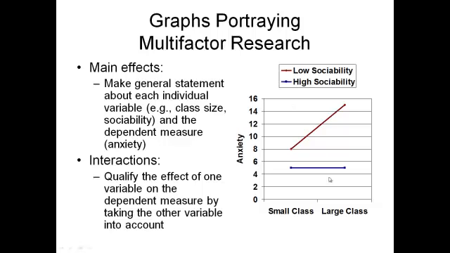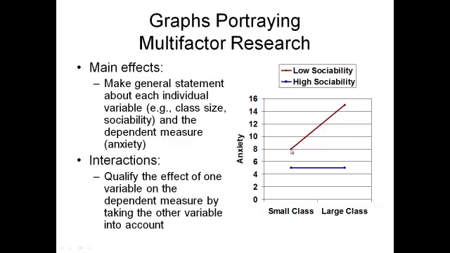But over here, you have to look at the relationship between both sociability and class size if you really want to understand this relationship. Okay? If you look at only those students with low sociability, which represents this brown line over here, what you are seeing is that the students with low sociability are a lot less anxious in a small class than they are in a large class.